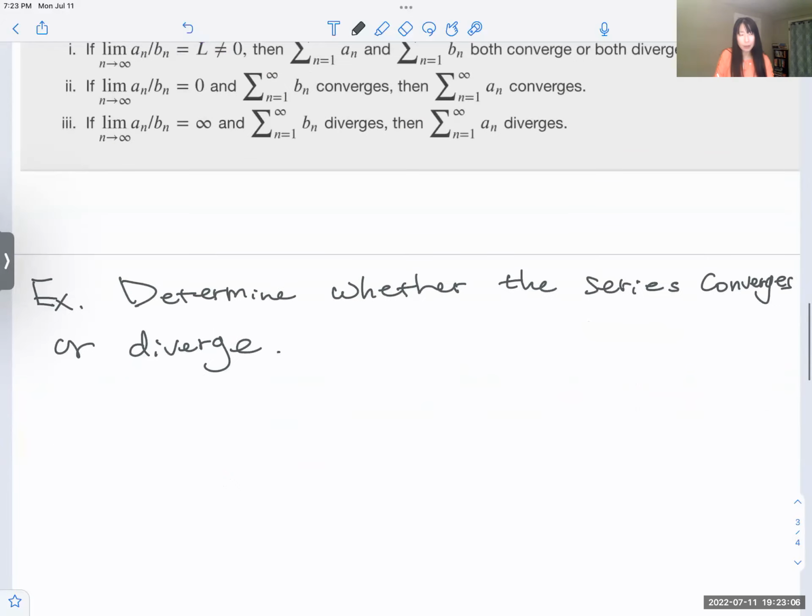Okay, so we have the first one. We're going to have a 2, one over square root of n plus 1.